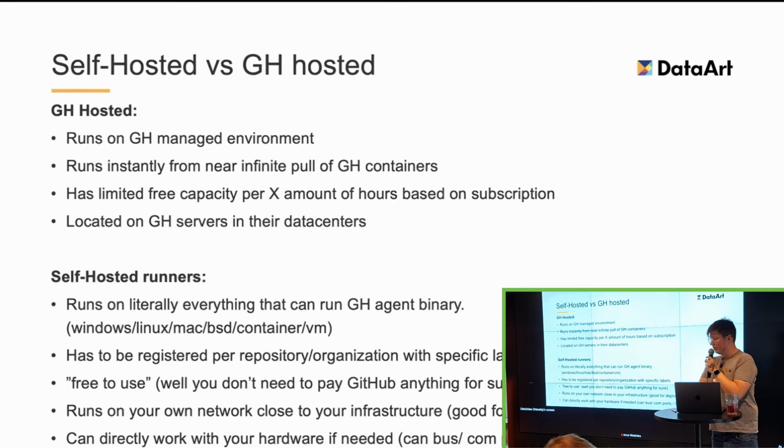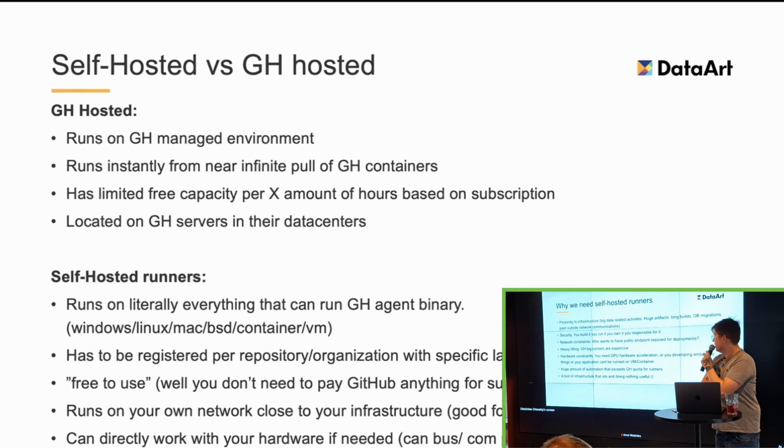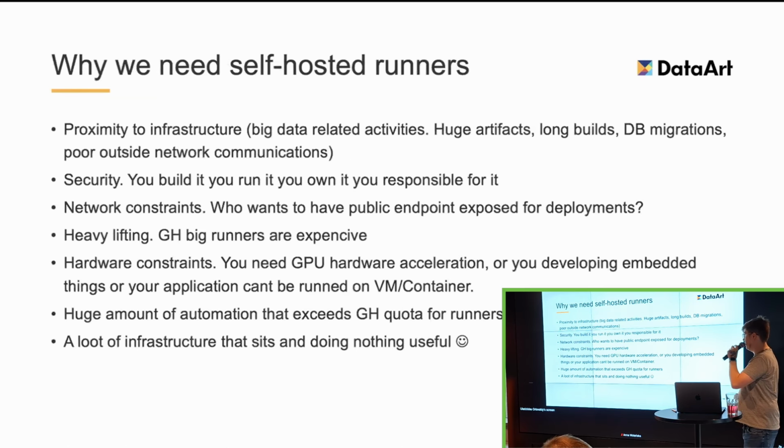To be in control, to be responsible for security, to reach our internal networks, to use not virtual machines but physical machines for some needs, to pass through GPUs, etc. And especially because if you have a lot of jobs, you simply don't want to pay GitHub while you have a lot of infrastructure lying around doing nothing.